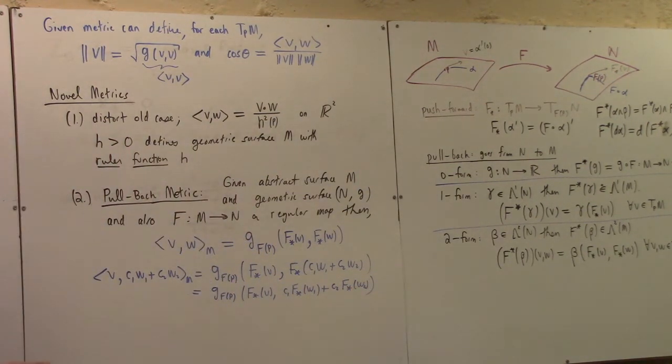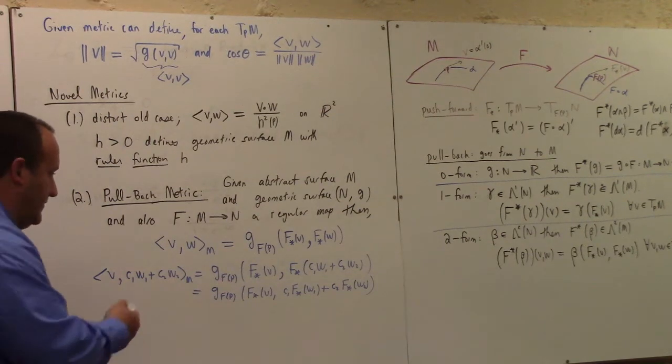And then I use linearity of the given metric on N to break up this sum.